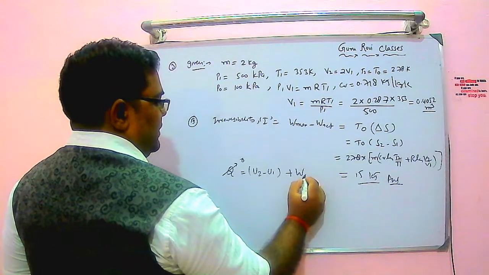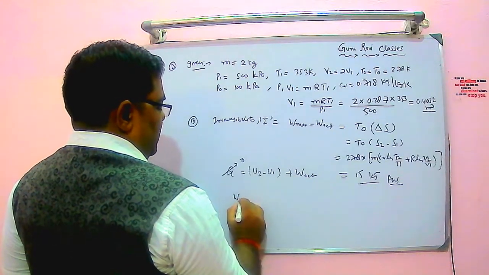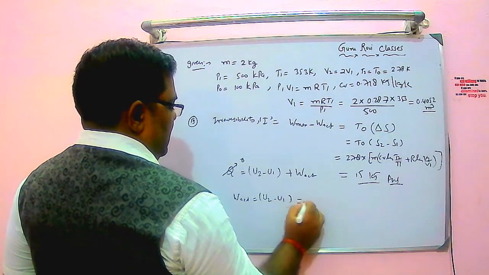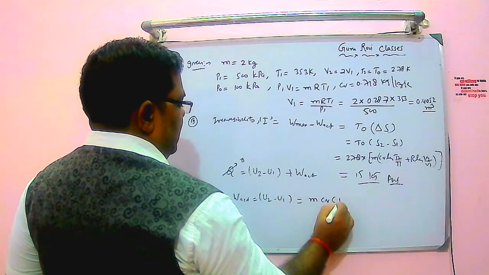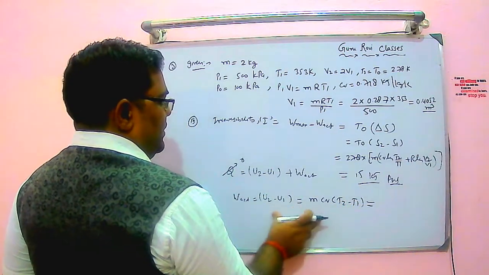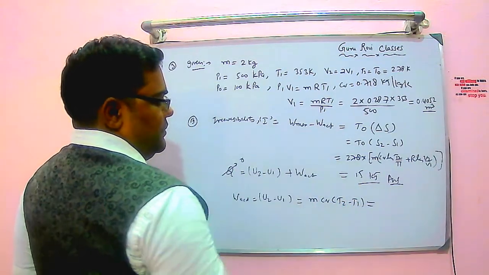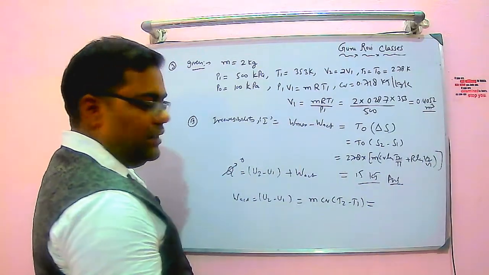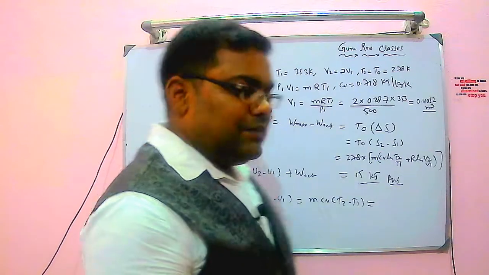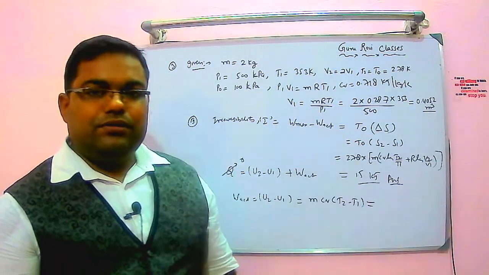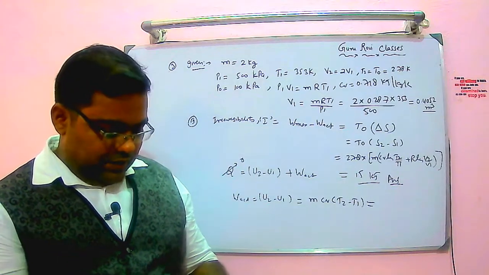So W actual is equal to minus (U2 minus U1), that is nothing but m Cv (T2 minus T1). Get this W actual and substitute here. That's all that you need to do.